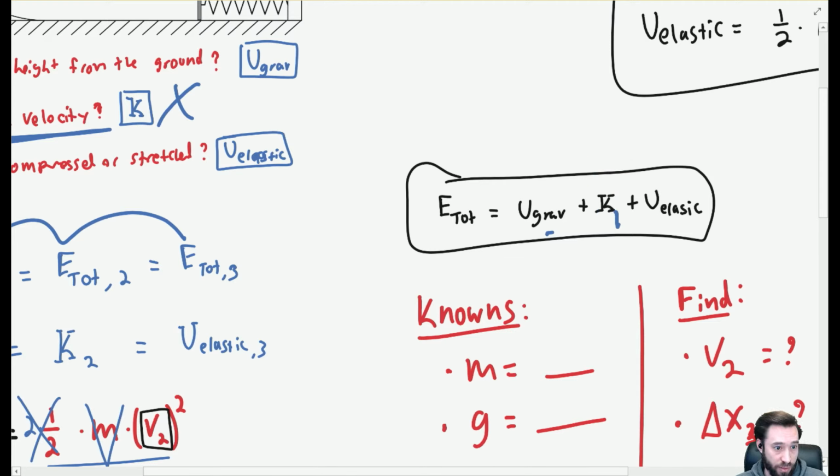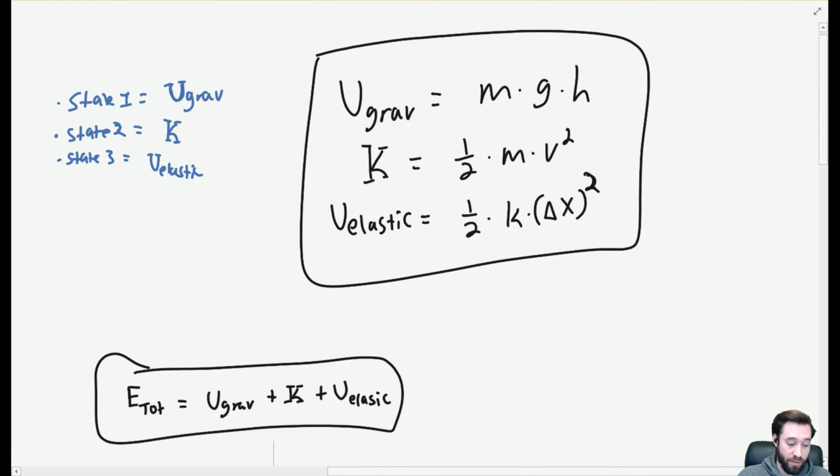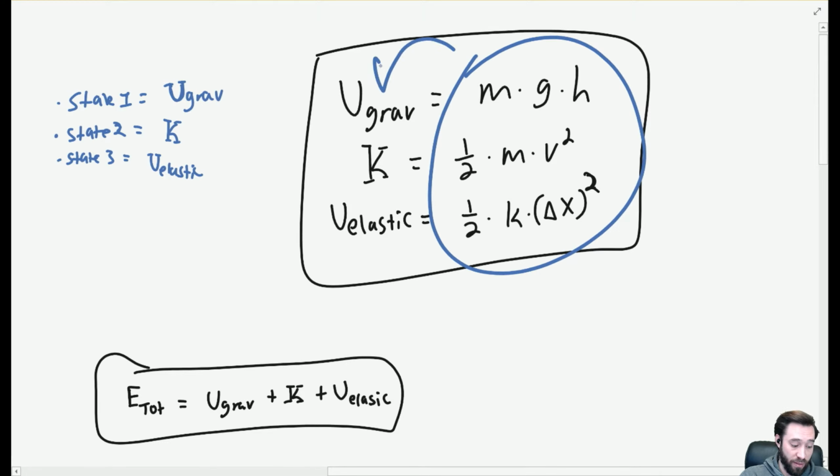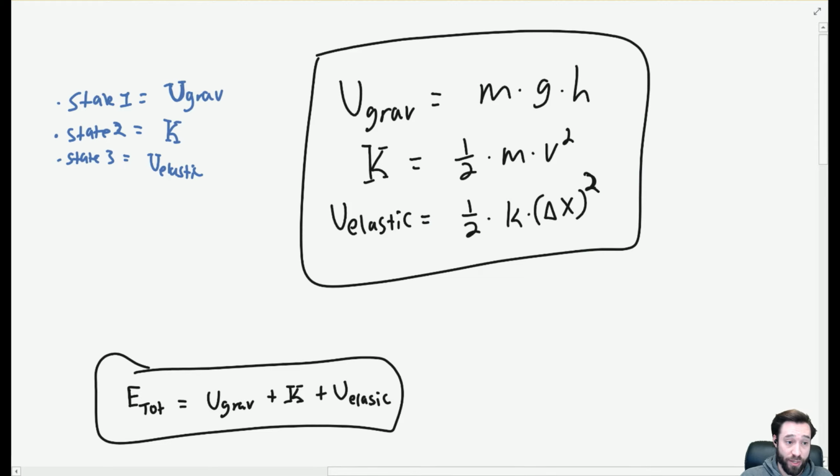So the equation is always going to be the same regardless of the state. These equations, these formulas, yes. The only difference is depending on which state. So if we're talking about state 1, mass doesn't change, gravity doesn't change, so it would be H1. Mass doesn't change, so V1, and then K, the spring constant doesn't change, so it would be delta X1.